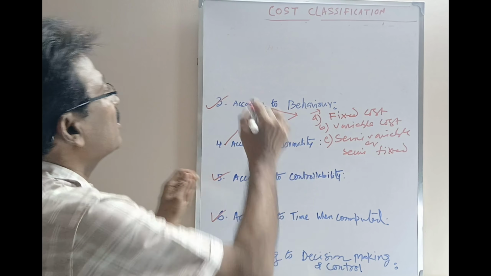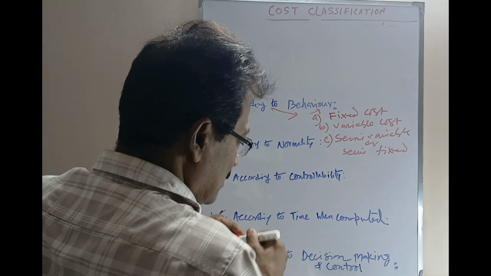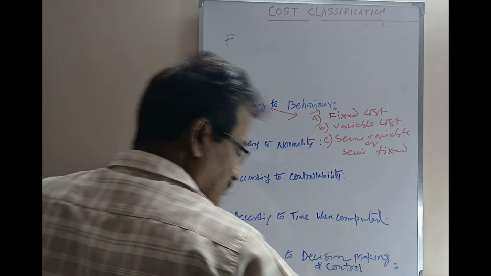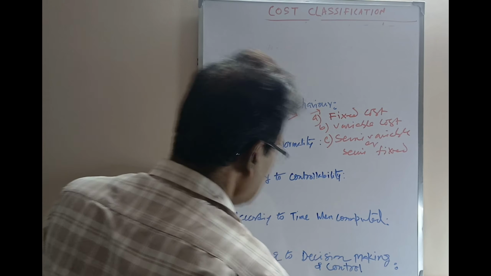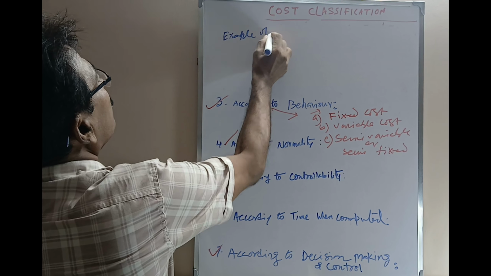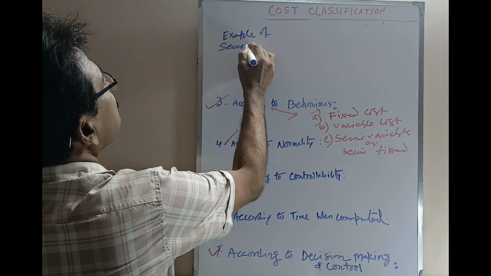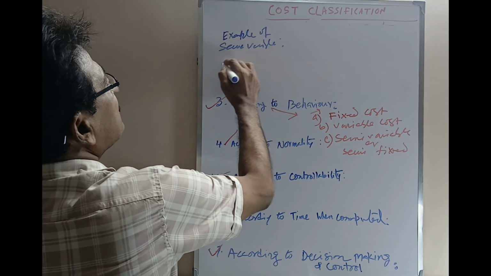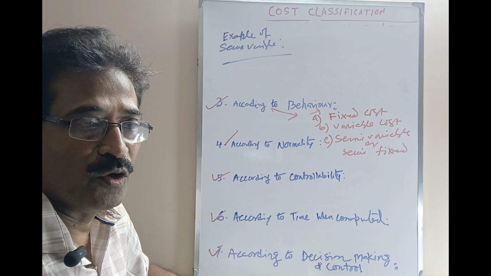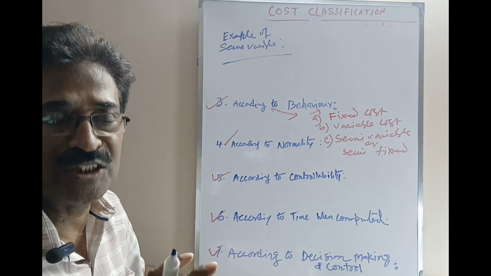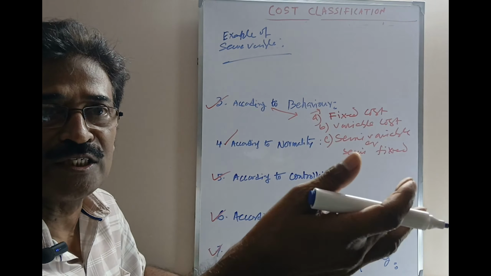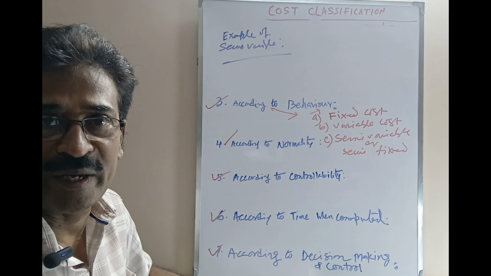Best example of semi-variable cost is the electricity bill. The monthly meter charge is fixed, thereafter it increases with the consumption of extra power.